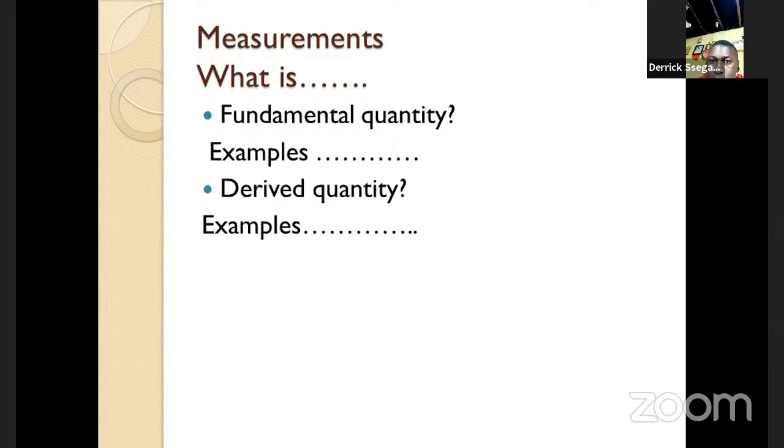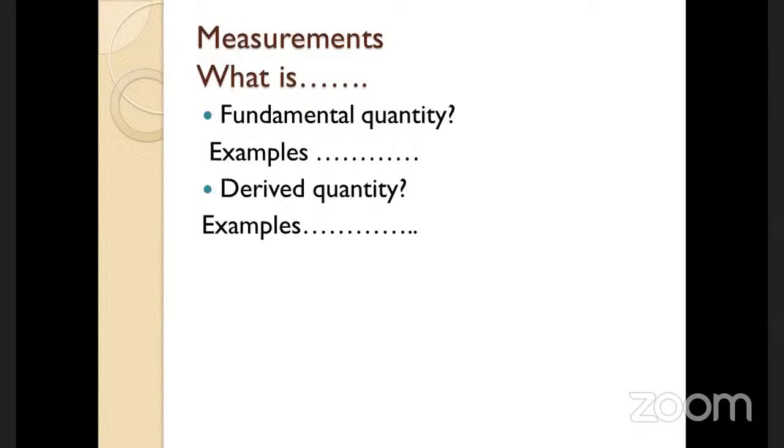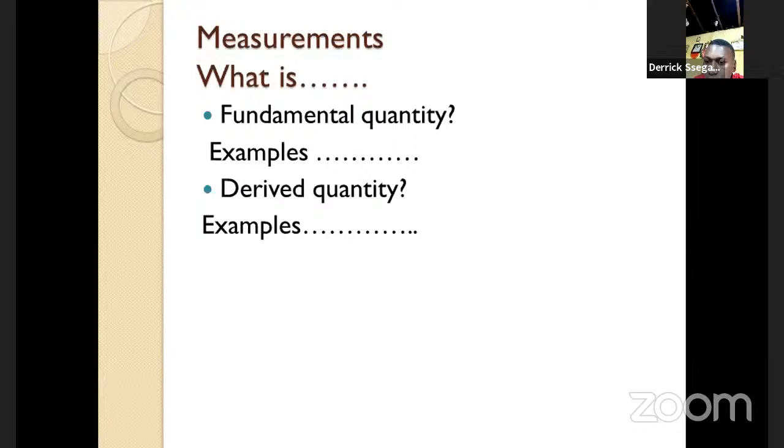We call them basic quantities. So instead of sometimes calling them fundamental quantities, we say basic quantities, which cannot be expressed in terms of other quantities. Let us now move on to mention some of the examples.